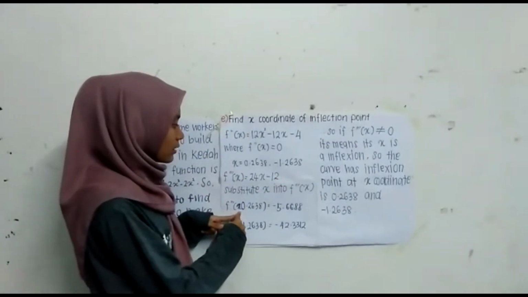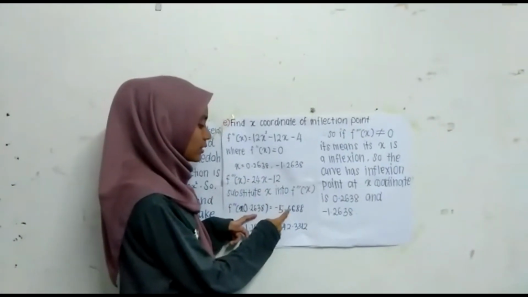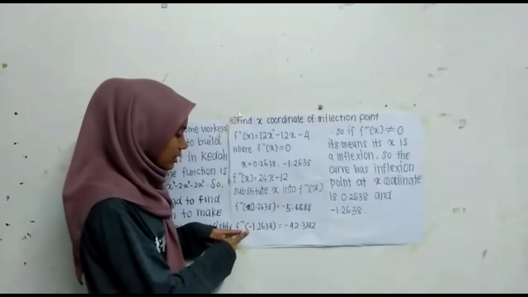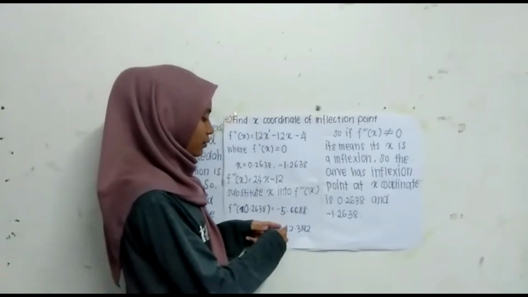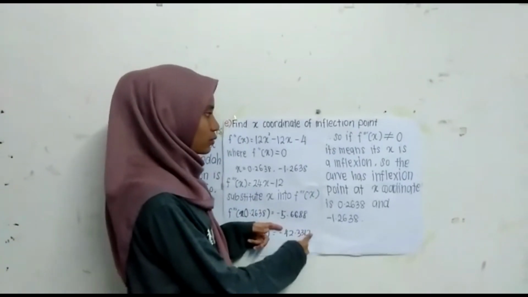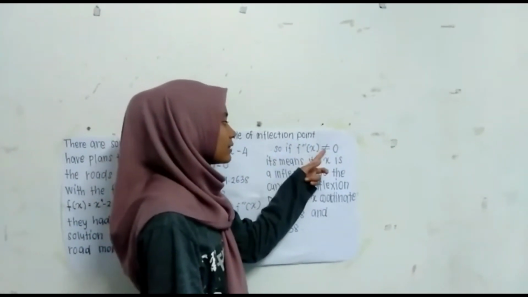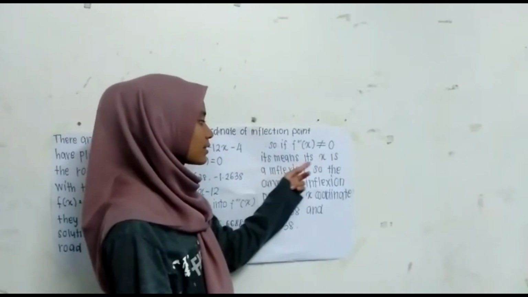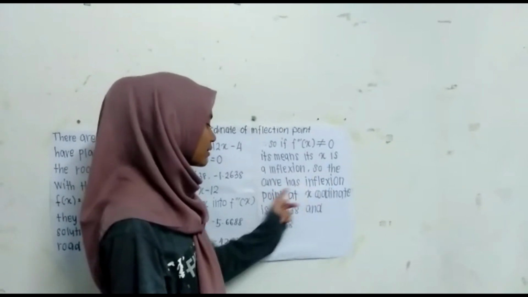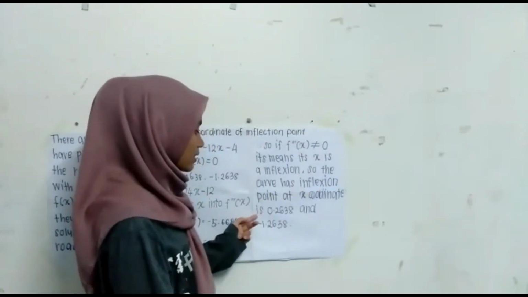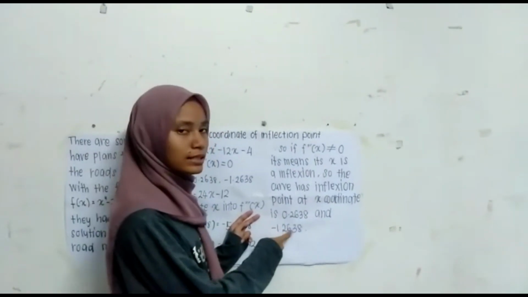So for x equal to 1.2638, we get 5.6688, and for x equal to negative 0.2638, we get negative 42.3312. So if f prime prime prime is not equal to 0, it means x is an inflection point. So the curve has inflection points at x coordinates 1.2638 and negative 0.2638.